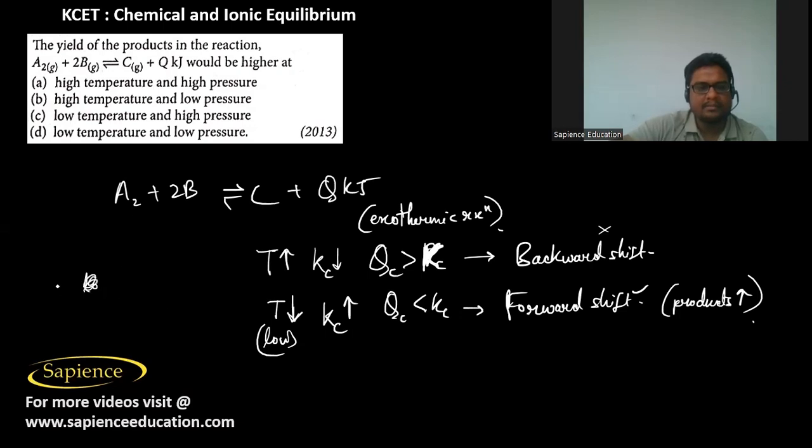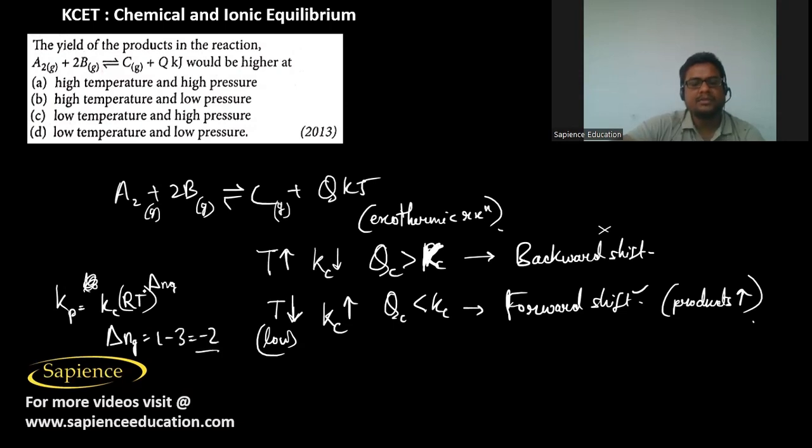Now we know that Kp equals Kc into RT power delta Ng. Here delta Ng is the number of moles of gaseous products minus the number of moles of gaseous reactants. So that will be 1 minus 3, that is equal to minus 2.